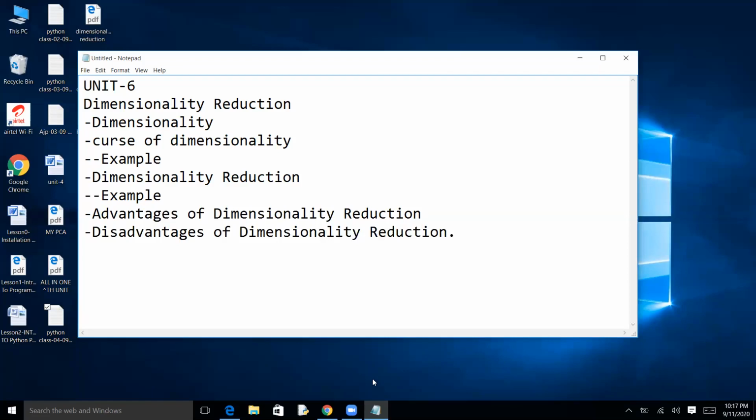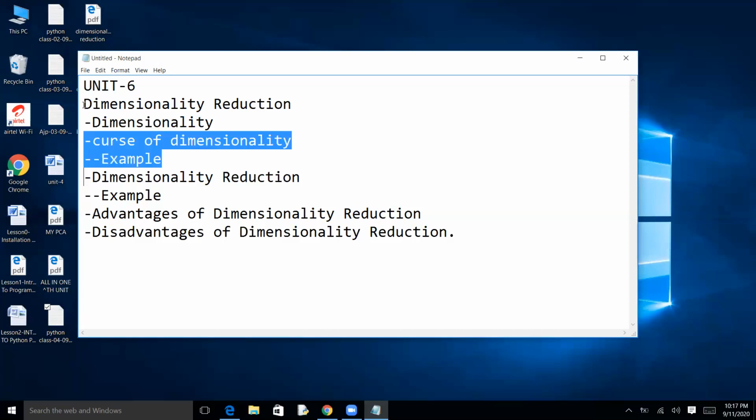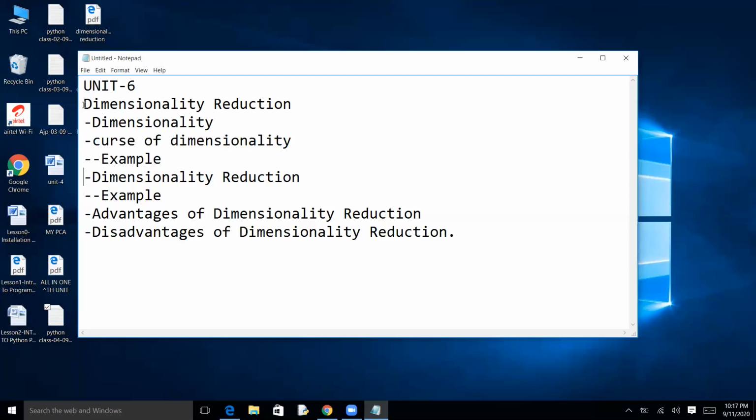Listen carefully. In this class we are going to see all these things. Under dimensionality reduction, first we see what is dimensionality. Second is the curse of dimensionality, and to understand it we take an example. Next, what is dimensionality reduction, with an example.